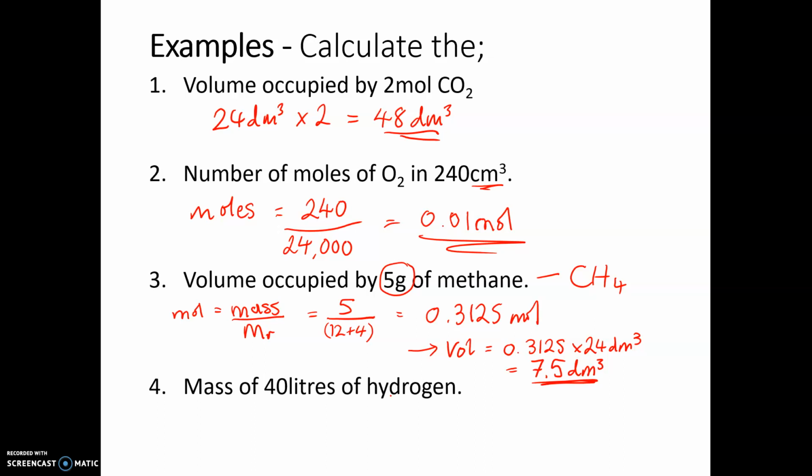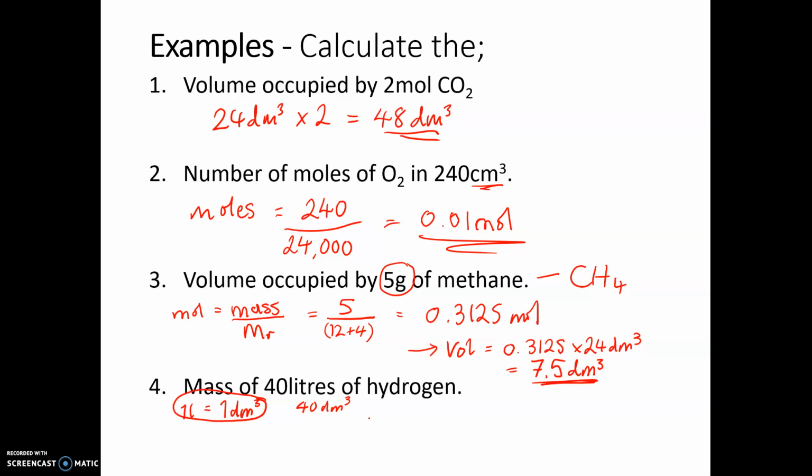So 40 litres of hydrogen, first thing that we need to do is find the number of moles of that. Now 1 litre is the same as 1 decimeter cubed. This is a handy little conversion to be aware of. So we have 40 decimeters cubed here.